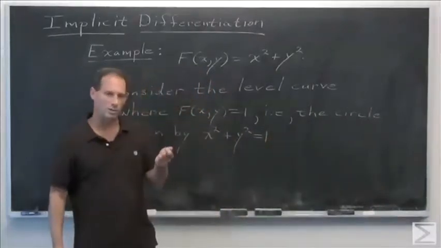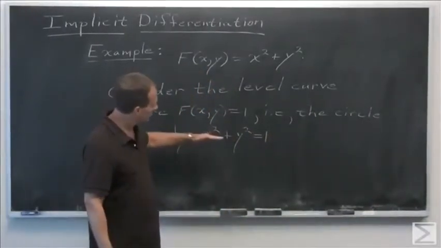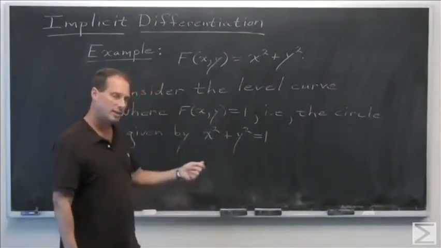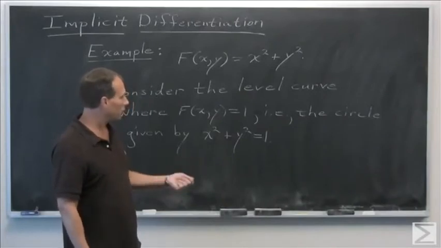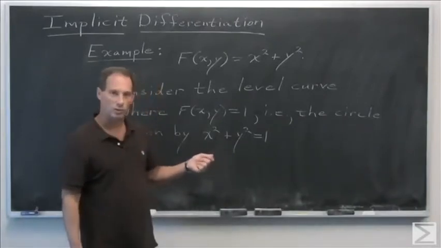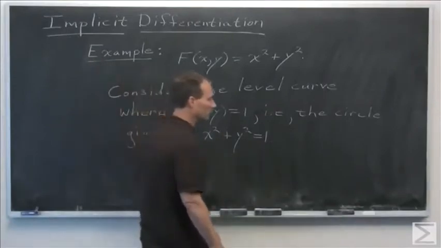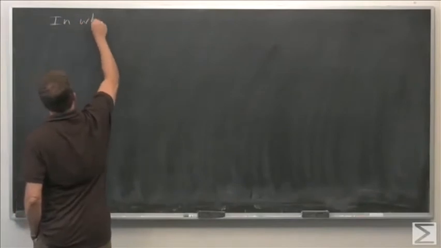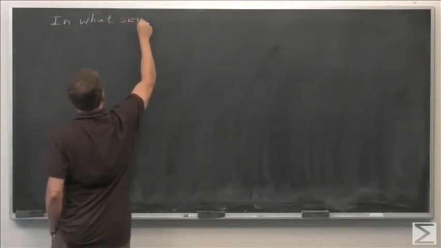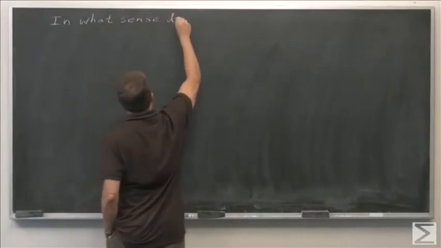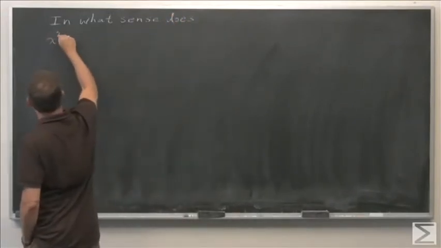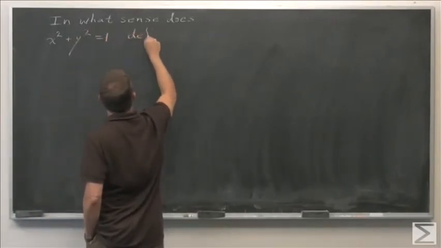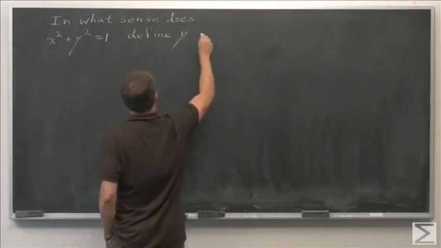All right, and the question is, in what sense does this equation define y implicitly as a function of x, and if it does define y implicitly as a function of x, what's the derivative of y with respect to x? So those are the questions. So in what sense does x squared plus y squared is 1 define y as a function of x?